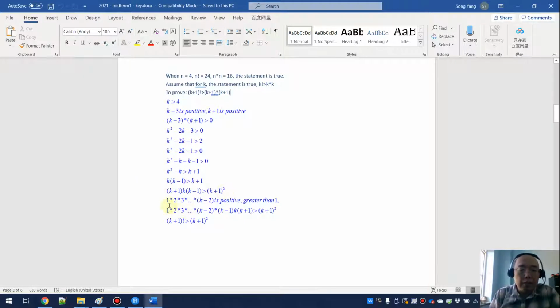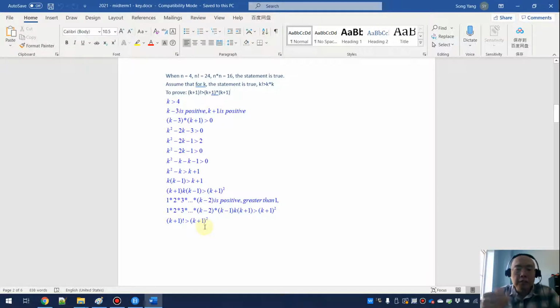Okay, and then we want to multiply by even more values, 1 multiplied by 2 multiplied by 3, and those values are positive, guaranteed. So if we multiply a positive value on the left side, this greater than will hold, and we are able to prove that k plus 1 factorial is greater than k plus 1 squared.